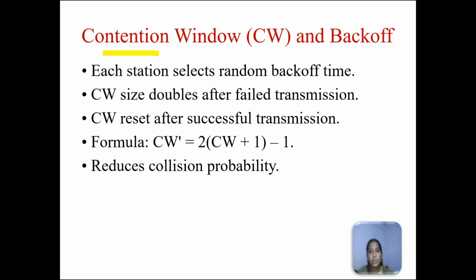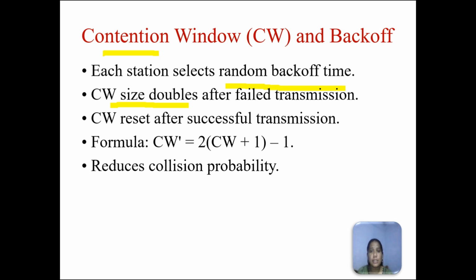Each station randomly selects a backoff value within the contention window. The minimum and maximum contention window sizes will be decided based on the number of users in the network. If a transmission fails due to collision, the contention window size doubles, which reduces the probability of another collision.